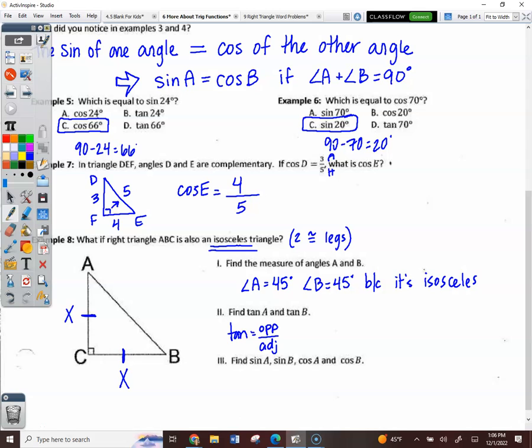So, if tan of A is x over x, and anything over itself is 1, then tan of A is 1.